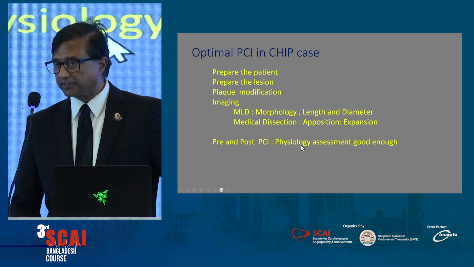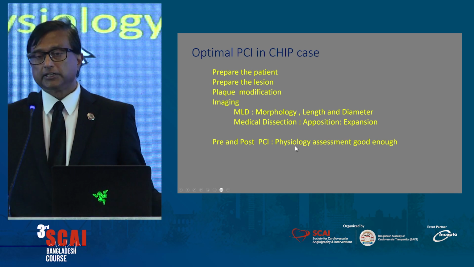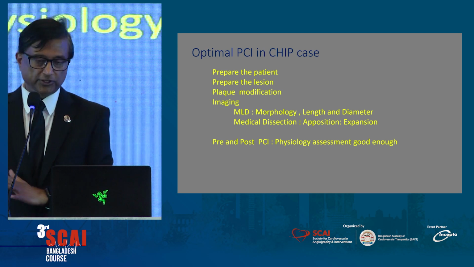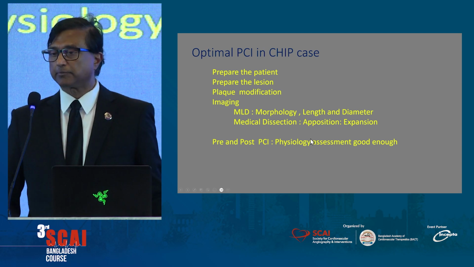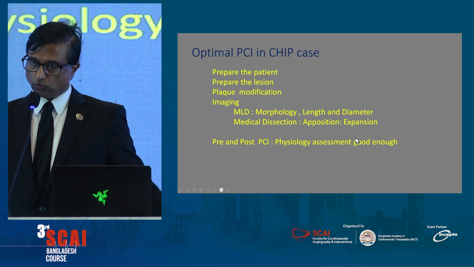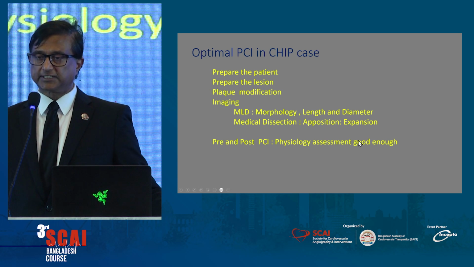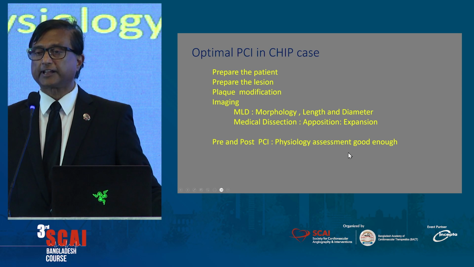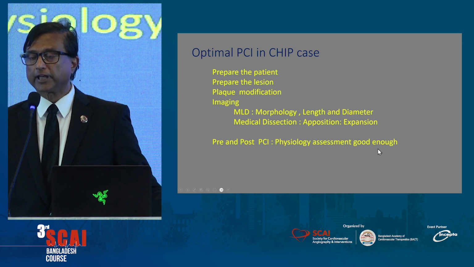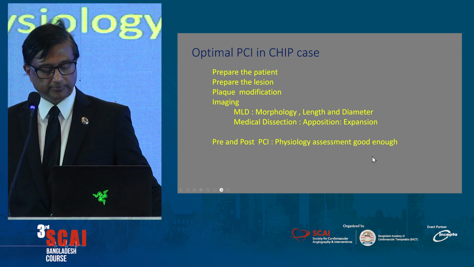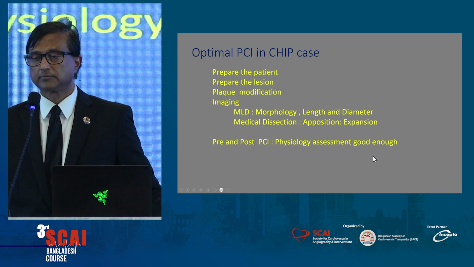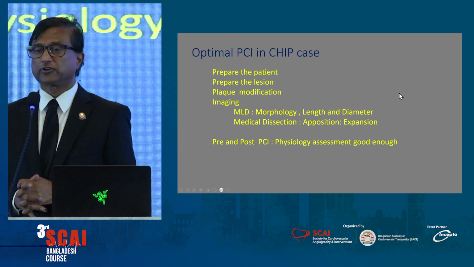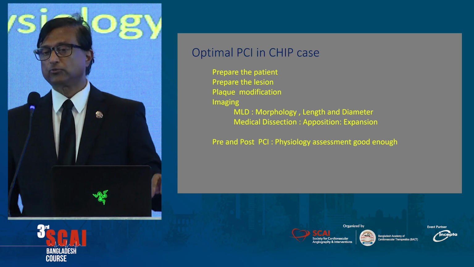My question to the faculty is that if the left main distal bifurcation, which I would not call side branch or main branch, but where probably the imaging is still very much warranted, in other cases, can we get away with the physiology alone? That needs to be questioned. And we'll have to wait for trials to see what we get in future.